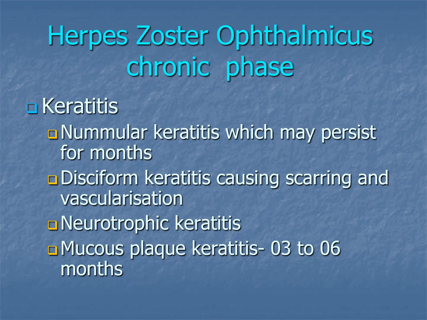In the chronic phase of herpes zoster ophthalmicus, keratitis may be present, nummular keratitis, which may persist for months. You may find disciform keratitis, ultimately causing scarring and vascularization, and neurotrophic keratitis, when there is anesthesia of the cornea due to involvement of the trigeminal nerve ganglion necrosis, and you may find mucous plaque keratitis.